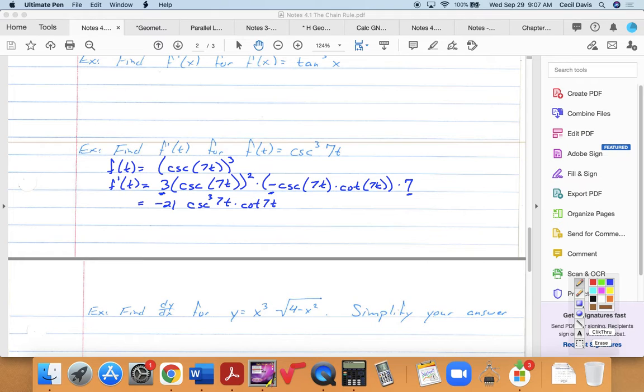And this is pretty typical of derivatives of tangent and secant and cosecant. They tend to get just uglier the more you take the derivatives. They don't get nicer.